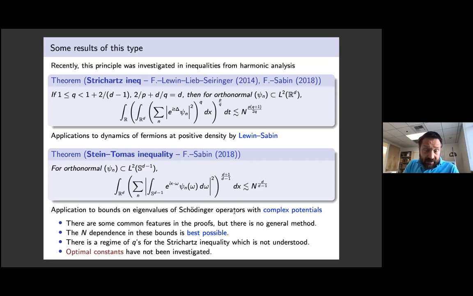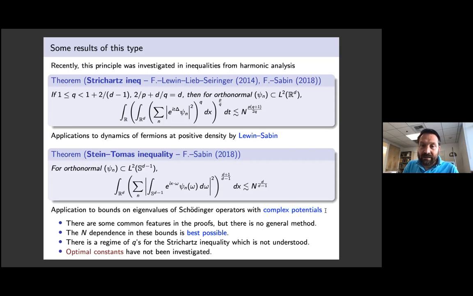These inequalities, I told you before that the Lieb-Thirring inequalities have applications to eigenvalue bounds for Schrodinger operators. I didn't say it explicitly, but I meant, of course, self-adjoint Schrodinger operators with real-valued potentials. In some applications, it's natural to look at Schrodinger operators with complex-valued potentials.